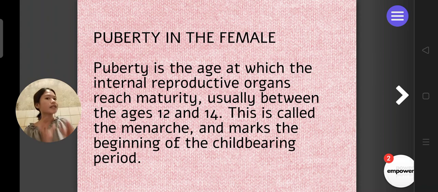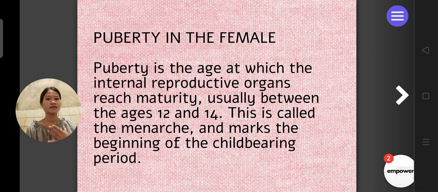So, puberty in the female. Puberty is the age at which the external reproductive organs reach maturity, usually between the age 12 and 14 years old. So, ito na yung padalaga na. Tayong mga babae, dumadaan tayo sa mga prosesong nagkakaregla or menstruation, nag-grow yung breast natin, and may changes kung baga physically.